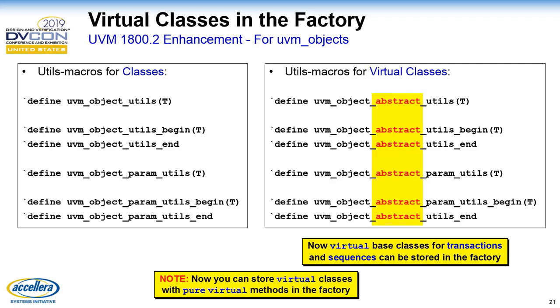And so these macros will make it possible now in this example for me to create a virtual sequence base and place it in the factory and make sure that it's a virtual class that nobody can construct on its own. And so now I've got these virtual classes where I can put pure virtual methods inside of the factory as well. Because remember, the pure keyword is only legal inside of a virtual class.